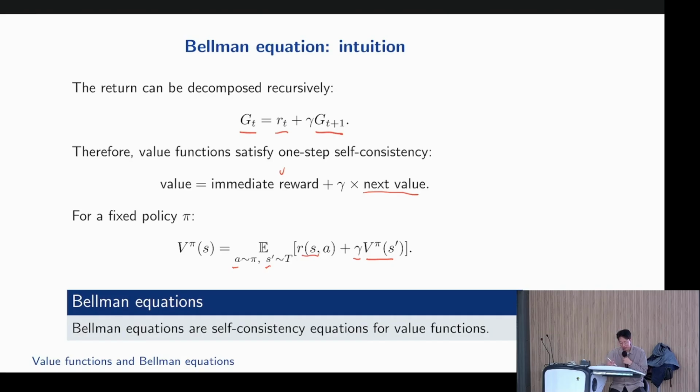So values are related for a state S and its future state S prime, where the expectation over the future state is taken under the environment dynamics, and the action is a sample from the policy, so the expectation also takes expectation under the policy distribution.